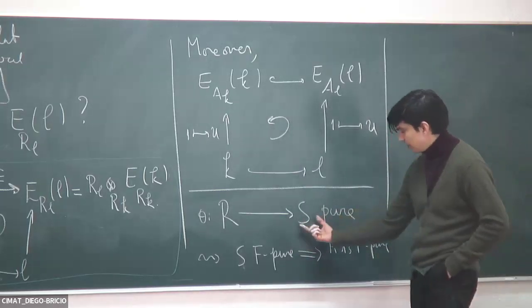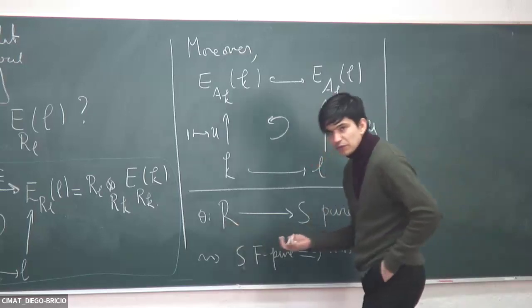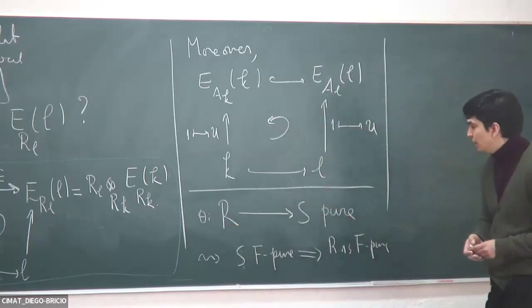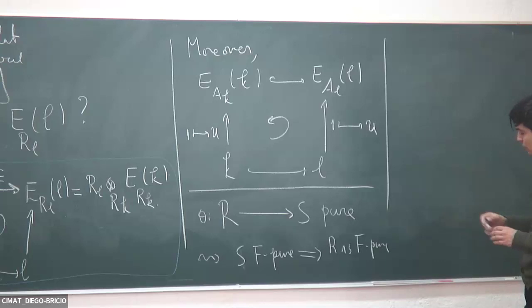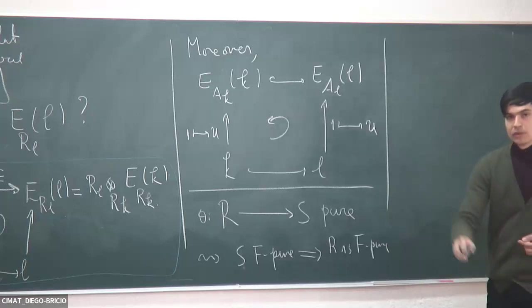For example, here we can take a regular ring and we just consider the reduced elements. So we have that. The question I want to ask now is, what about the converse?